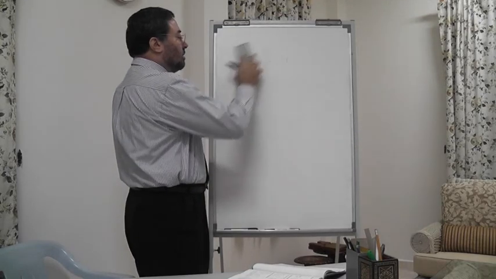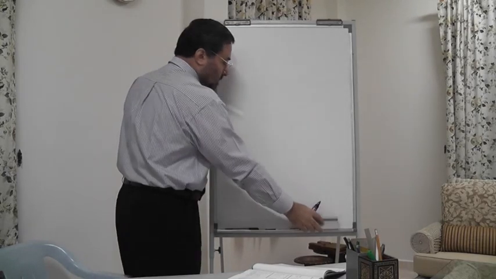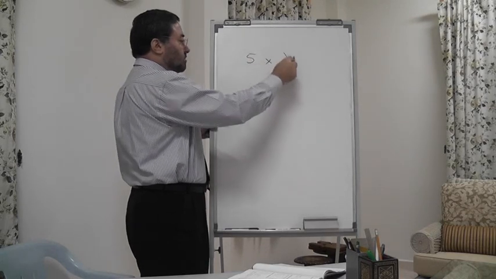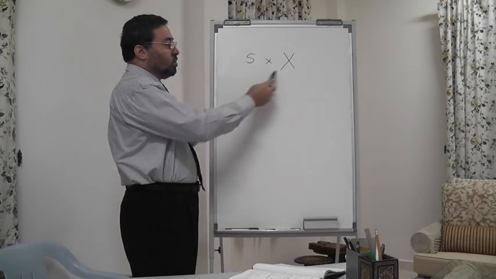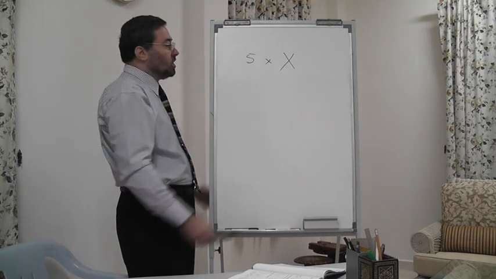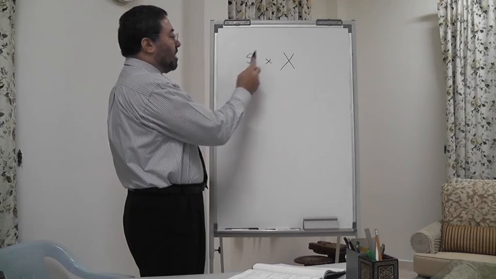Now we come to multiplication. In multiplication, for example, we have 5 times x. And here, if I am ordering 5 copies of the book, then I multiply 5 times x.